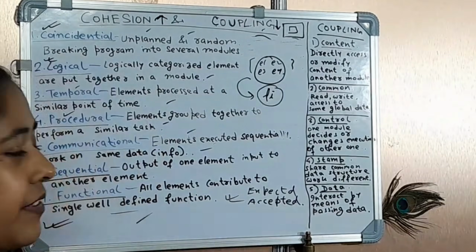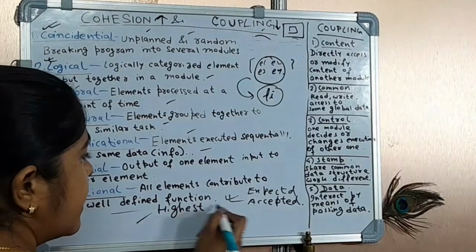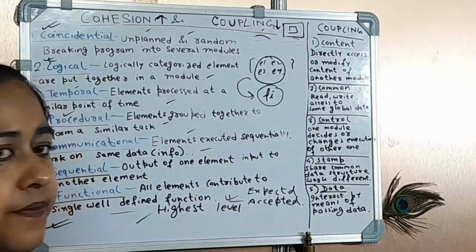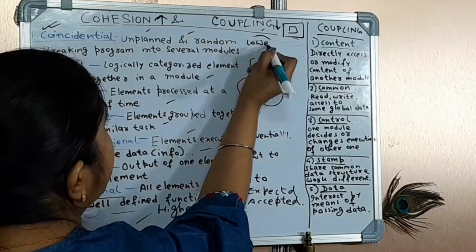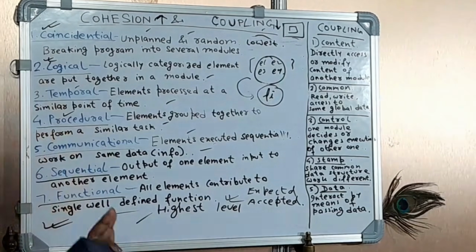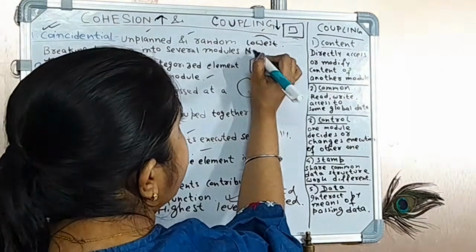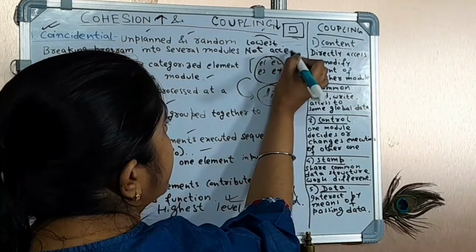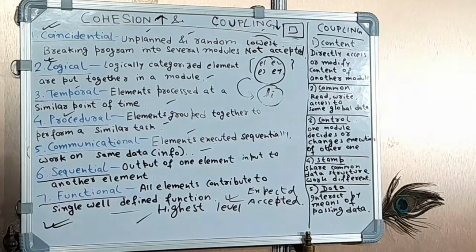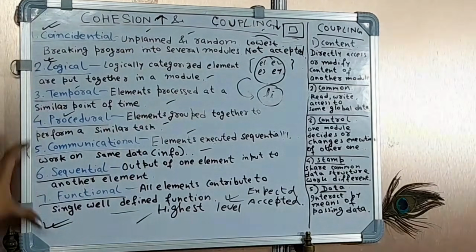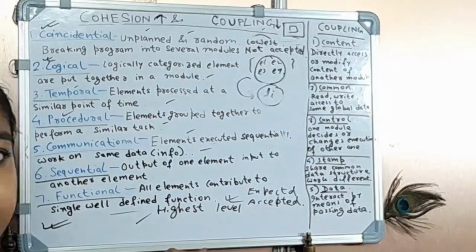That is our high level. Functional cohesion is the highest level of cohesion. And this was the lowest level of cohesion, that is coincidental cohesion. Since it was unplanned, it is not accepted. So from coincidental to functional, the level keeps increasing.